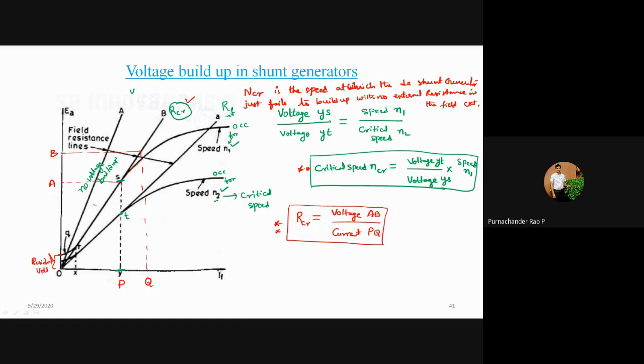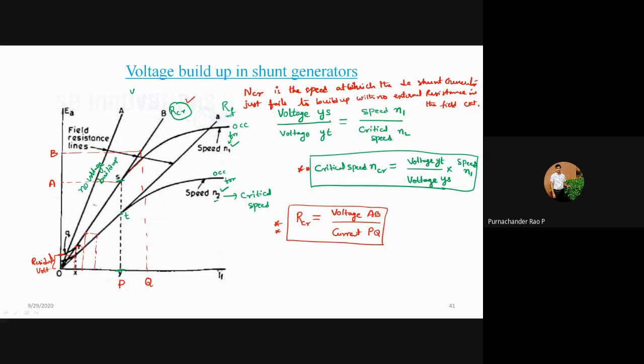Residual voltage will be built up, and because of this residual voltage, a small amount of current will be flowing through the field winding, and this field winding will build up a voltage up to this point. Then this voltage again builds up the currents in the field winding, and because of this current, again the voltage increases, and then this will be forming like this.